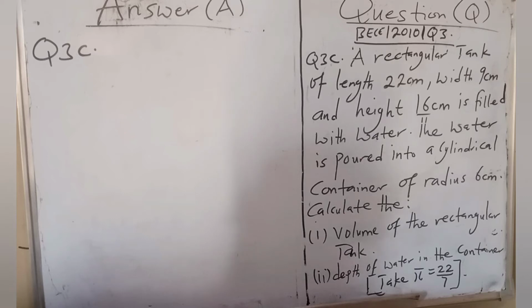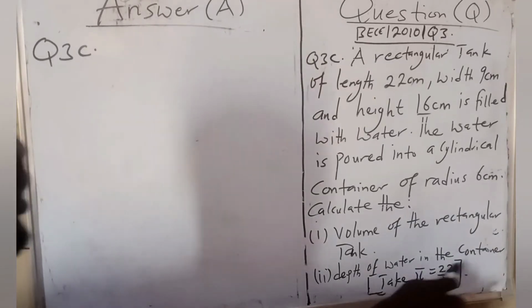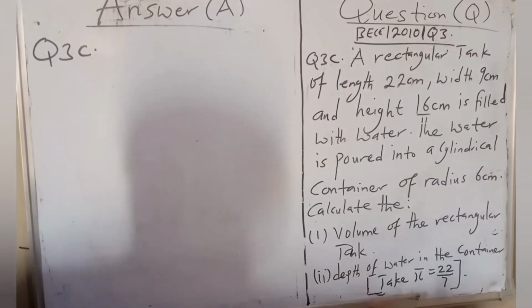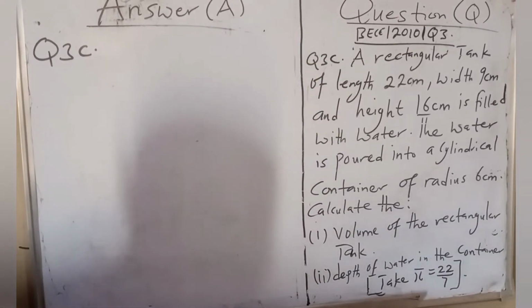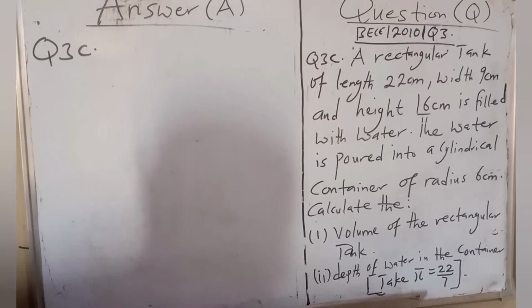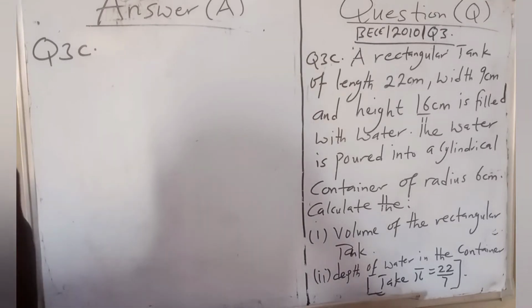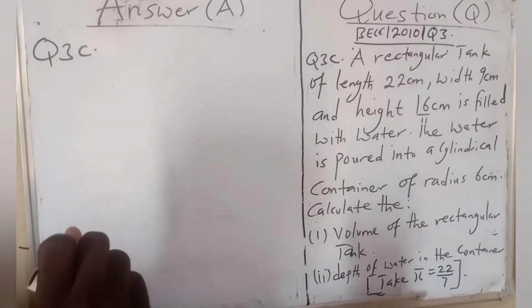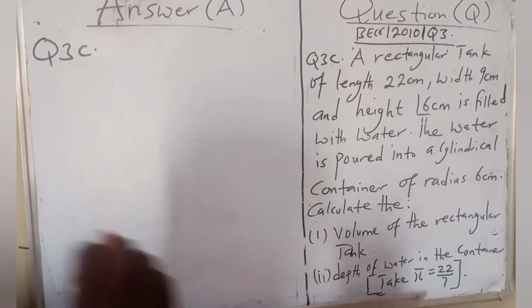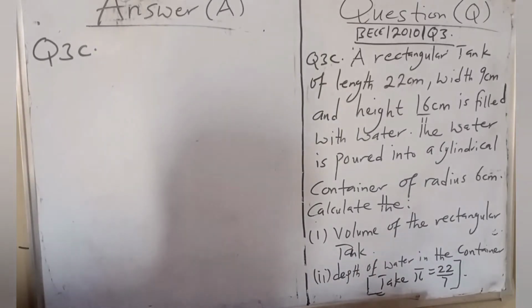And then the last part I want to mention is we have to find the depth of water in the container. If you have to find the depth of water in the container, the question is actually asking you to find the level of the height of the cylinder that the water will occupy. That means at what level of the cylinder will the water stop when you actually pour it into the cylinder.